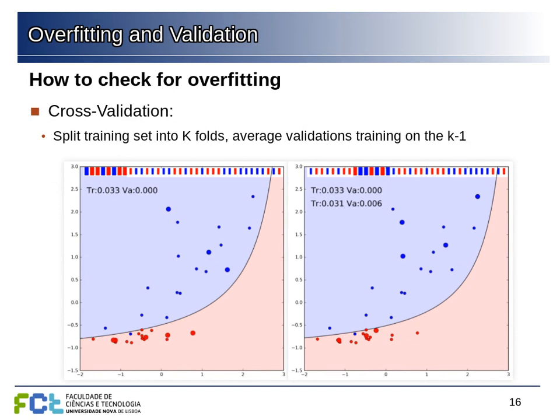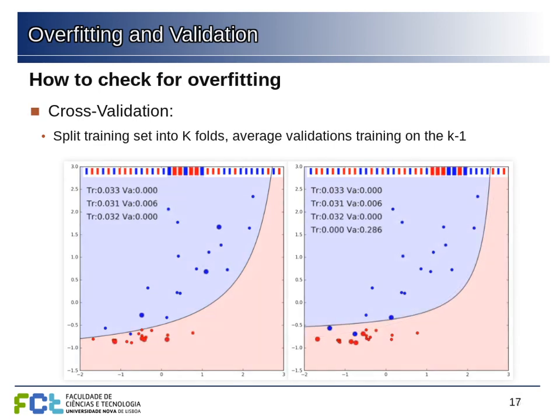We leave one part outside for validation and the rest for training. So we obtain, for example, this discriminant with this set of points that we use for training, and now we measure the error on the large ones here, which are the validation set. And now we can switch, leaving outside another set of points, and we keep doing this through all the partition, and we average all of these errors.